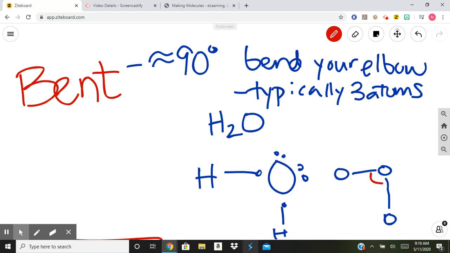It might be pushed a little bit further than 90, but it's approximately 90 degrees. So it looks like this. Okay.